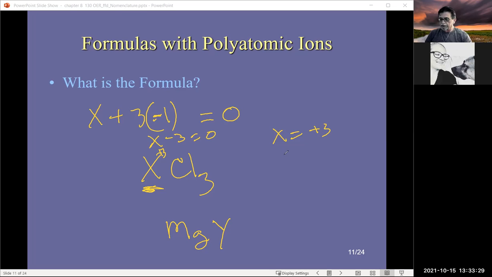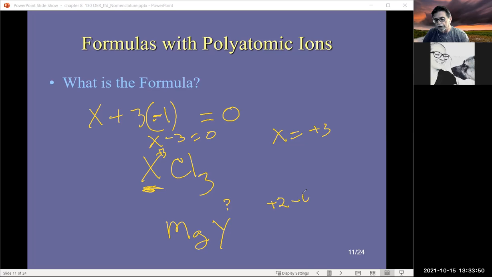The question is, what is the oxidation number of Y? What do you think Y would be? Anybody want to take a shot at that? -2, exactly, because what do we know about magnesium? Magnesium is a +2, okay?